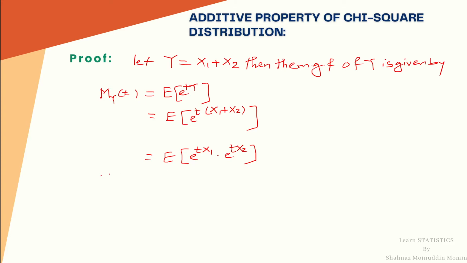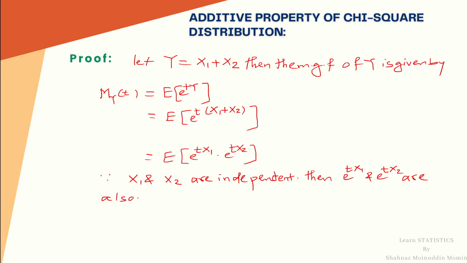We know that since x1 and x2 are independent, e raised to t x1 and e raised to t x2 are also independent.